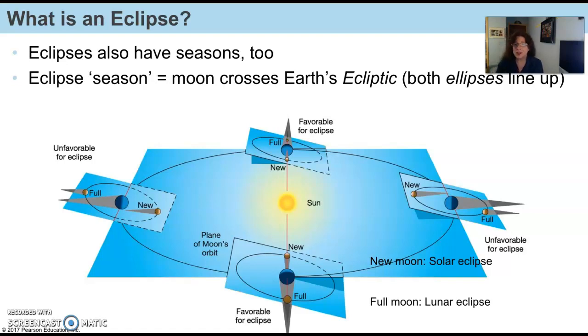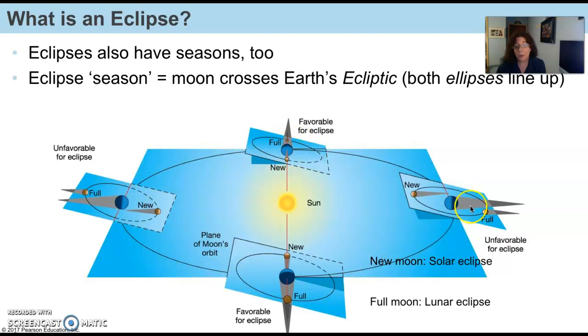Eclipses have seasons too. So we just talked about seasons that were involved in the ecliptic. The ecliptic is also involved with the eclipse seasons. The eclipse season is when the moon's revolution crosses the Earth's ecliptic. Here's the Earth's ecliptic.